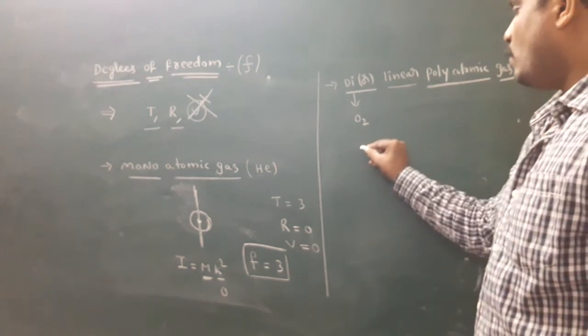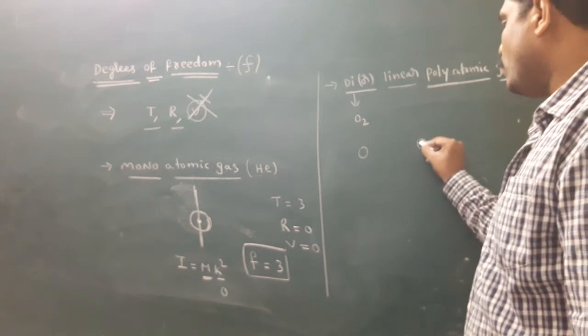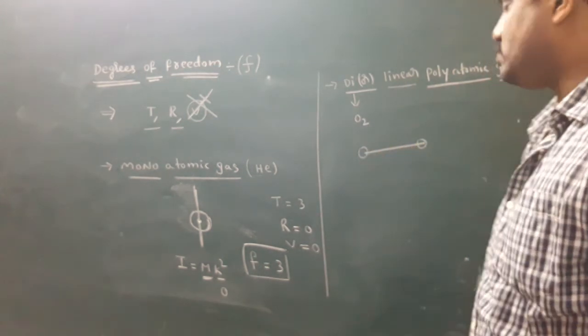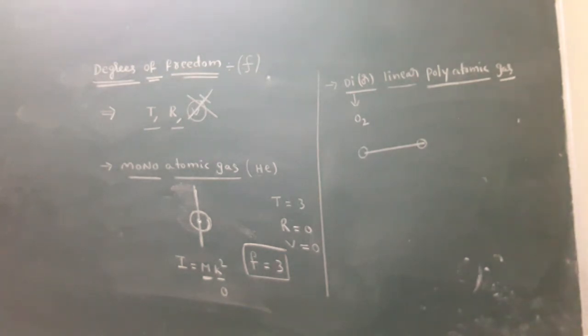O2 means this is the O, with bonding here. This length is called bond length. In this situation, I will explain degrees of freedom. Please look at.